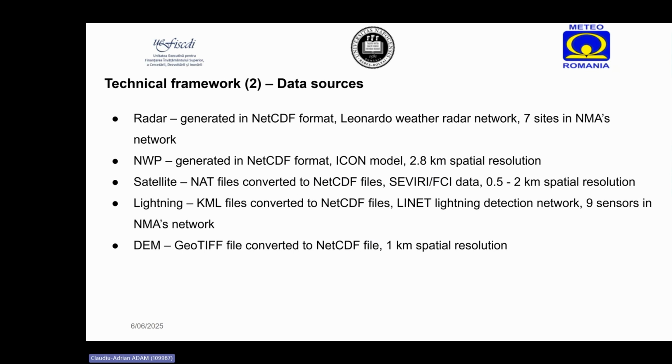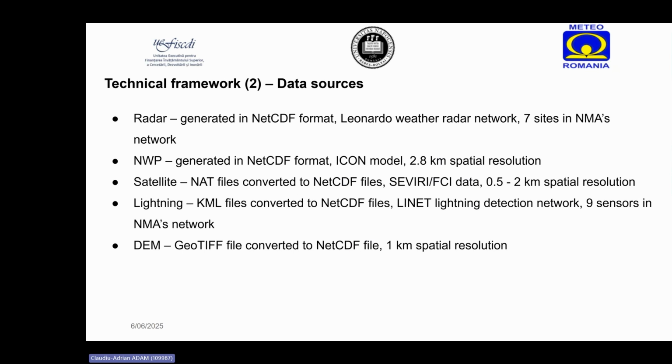For the radar, we had 7 sites in NMA's network, the Leonardo weather radar network. This is how we got the data. For numerical prediction, we used the ICON model at 2.8 kilometer spatial resolution.